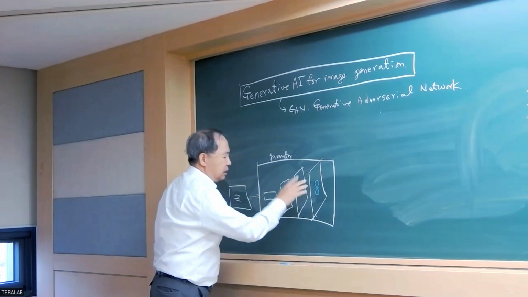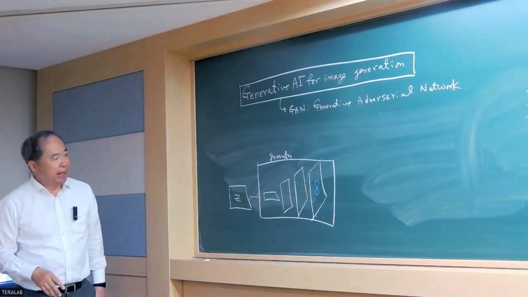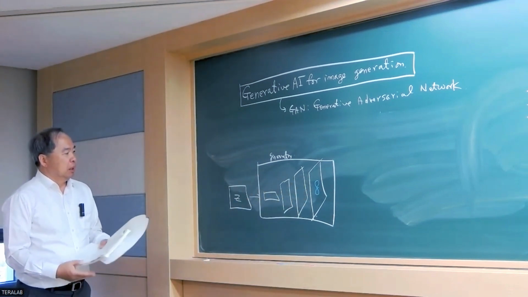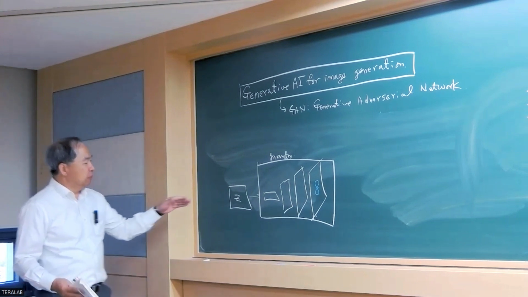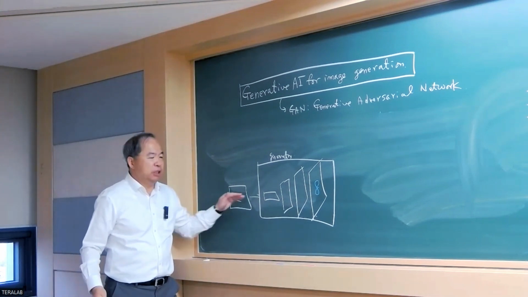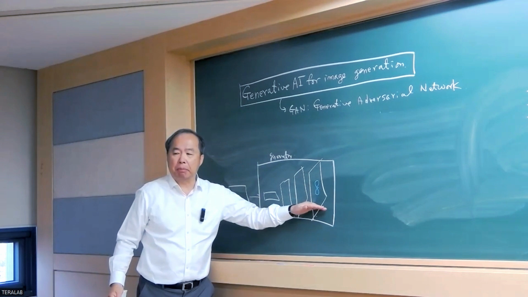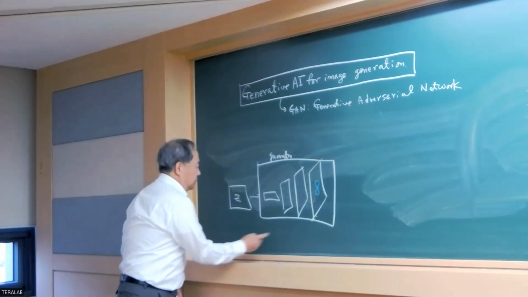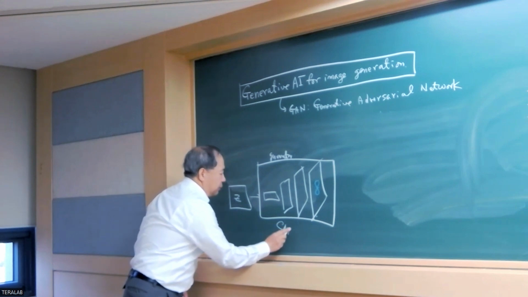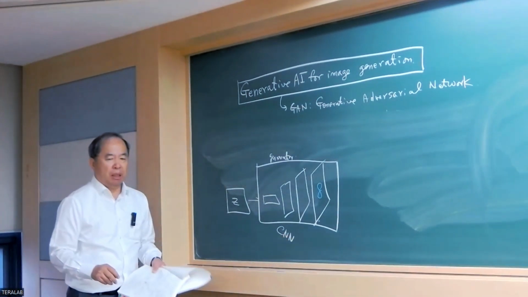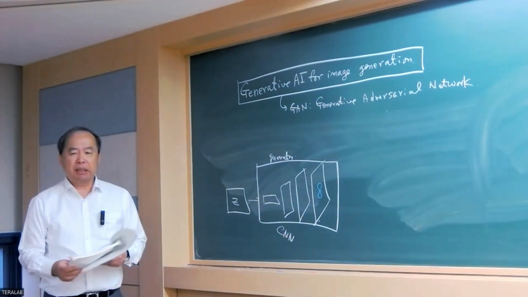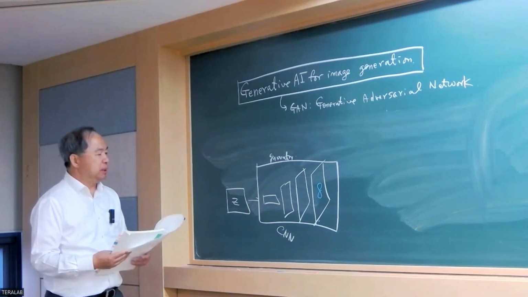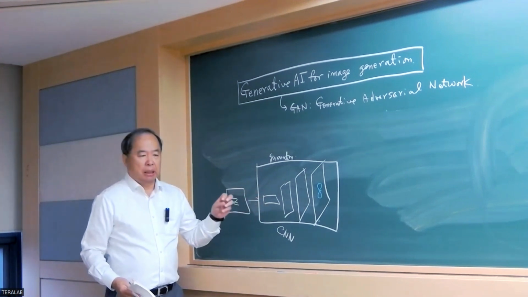Let's assume that it is the image of number 8. The conversion from latent vector to image will be done by a convolutional neural network, a CNN type network. At the end of the class, I'm going to go a little bit deeper into this.